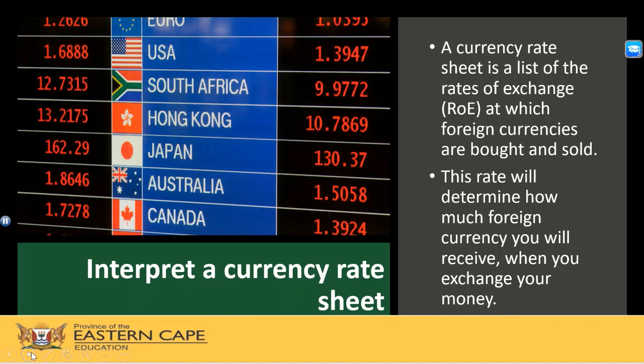This rate will determine how much foreign currency you will receive when you exchange your money. If you take a look at the image on the left-hand side of your screen, you will see that in the middle there are various countries given with their flag, and then on either side there is an electronic amount given there. I'm not going to focus on that at this stage. We are going to look at the exchange rates a little bit later.